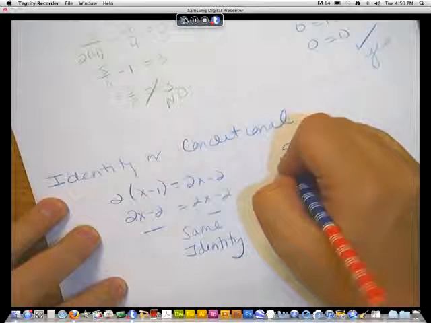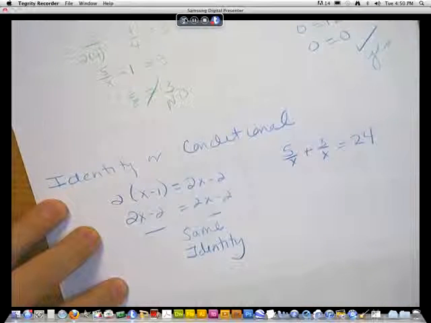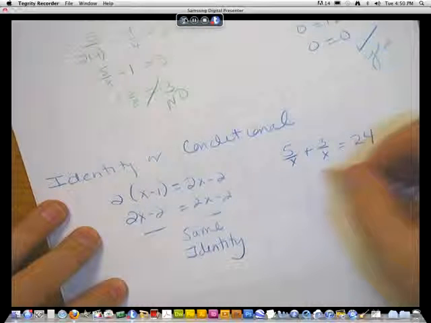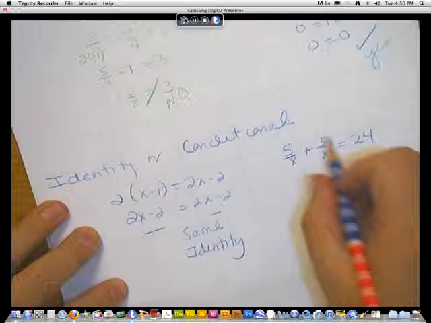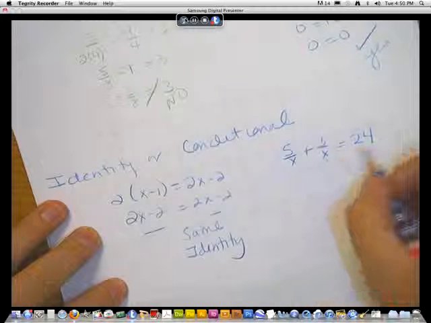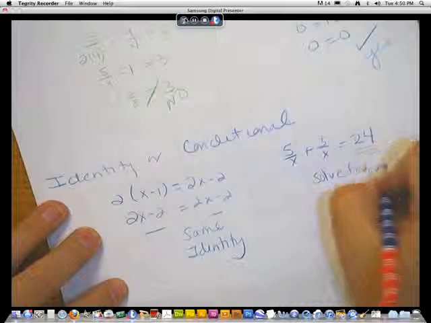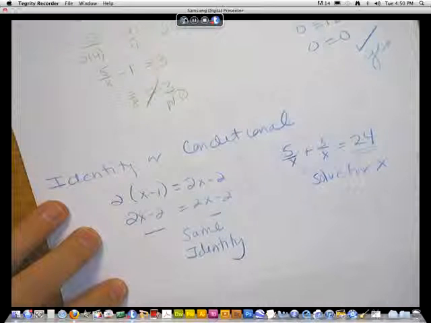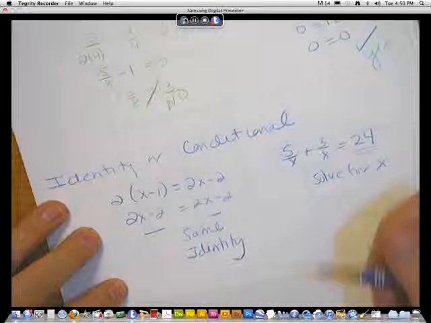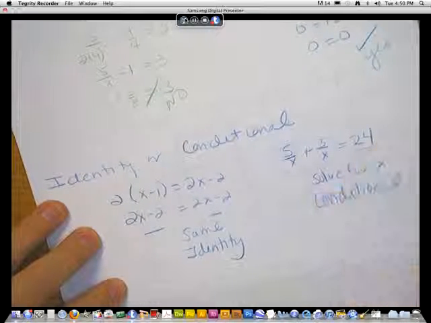If I have 5 over x plus 3 over x is 24, this is not going to come out to anything identical. There's no way that this can be a 24 value because I would be solving for x. So therefore, this value cannot be x on the left-hand side. It's conditional. A conditional means you are solving for something.